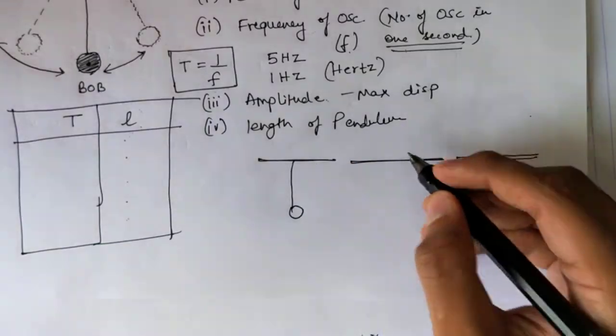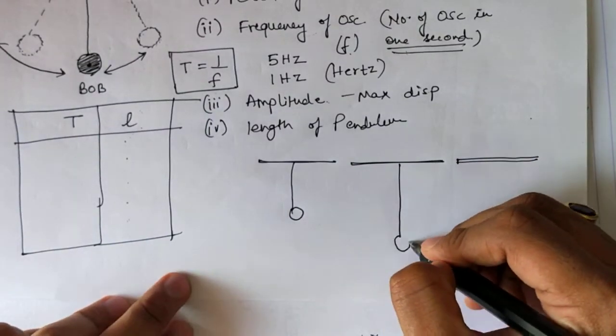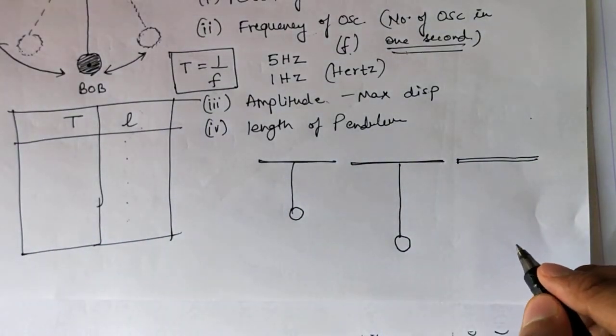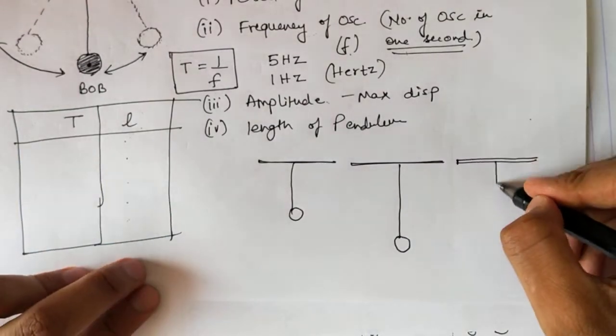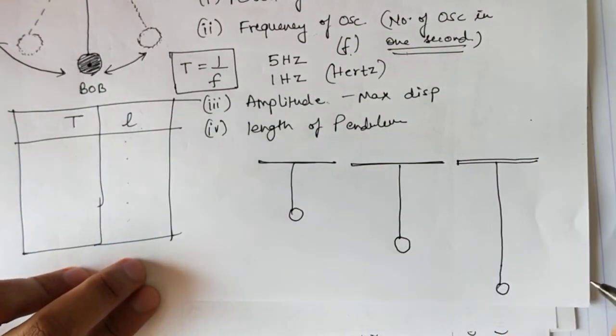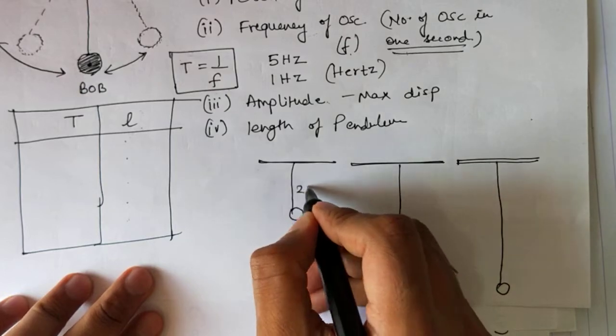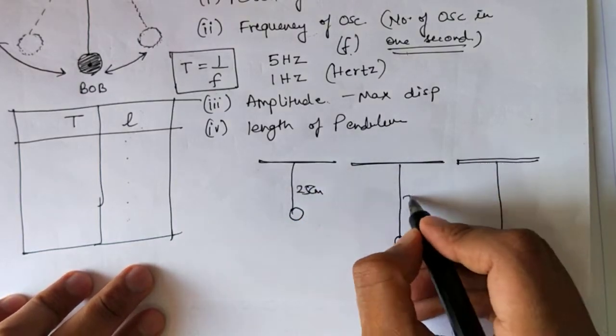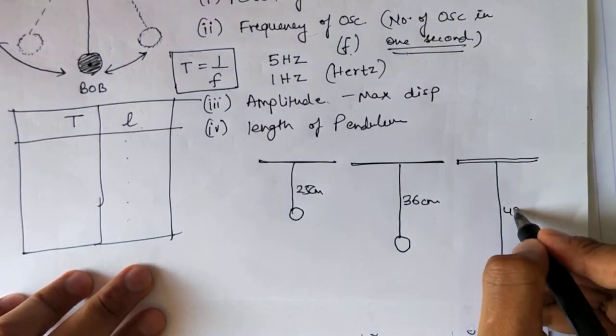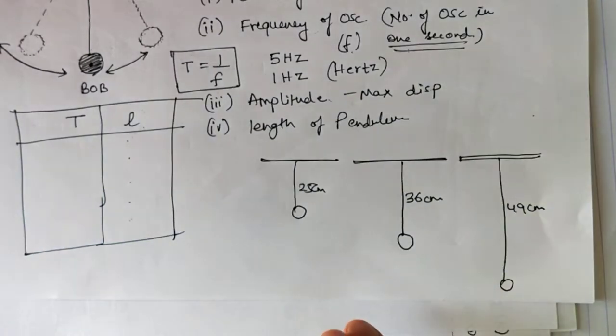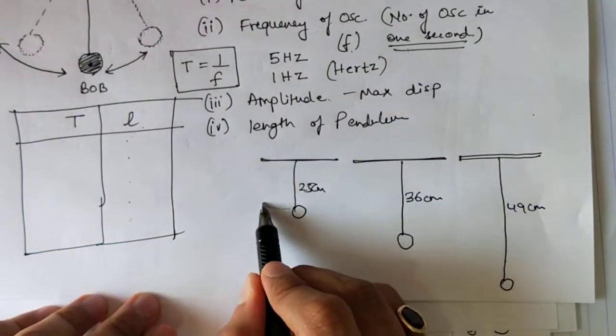The second pendulum had a length 36 centimeter. The next pendulum had a length 49 centimeter. They calculated the time period of this pendulum.